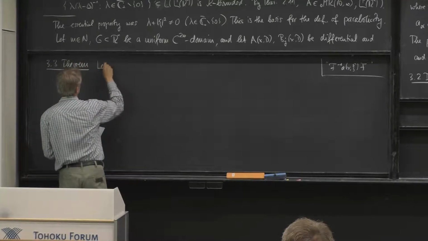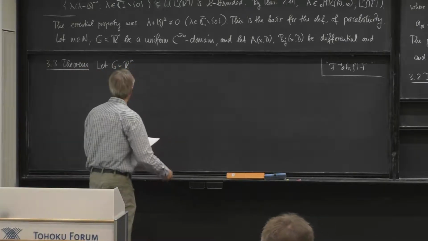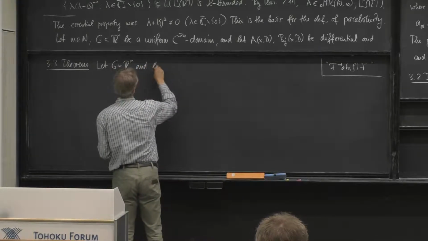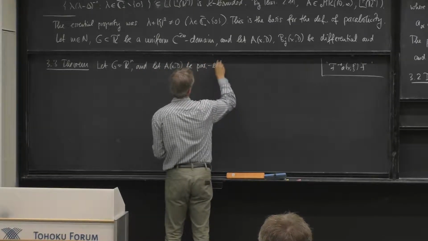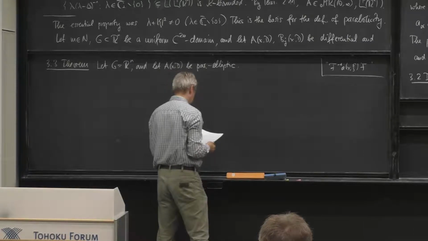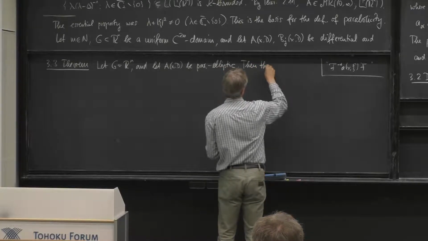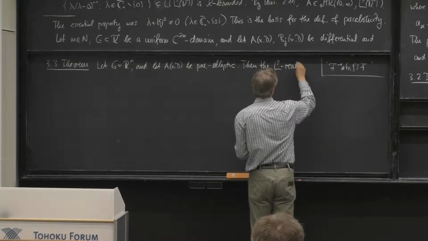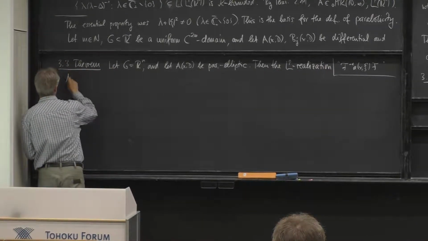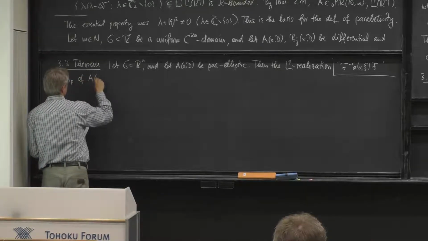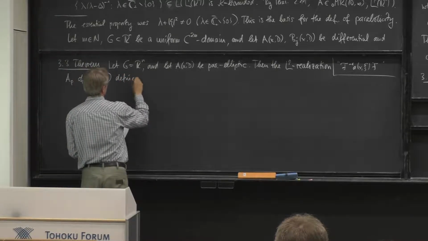So now I consider the whole space case. G is Rn. I have no boundary operators, of course. And let A of x, D be parameter elliptic. And then I consider the LP realization, let's say A index p of A of x, D, which is defined in the canonical way.